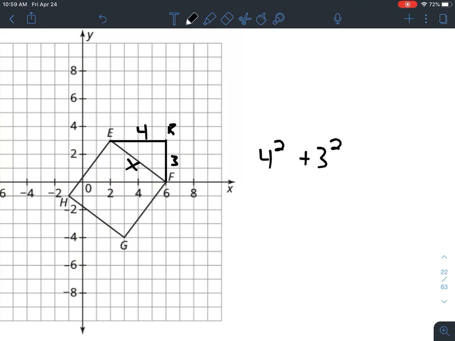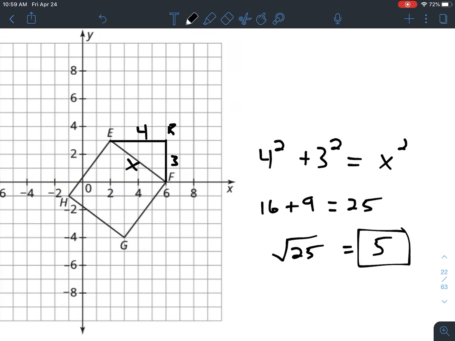4 squared plus 3 squared equals, I'm going to put this as x squared. So 4 times 4 is 16, plus 3 times 3 is 9. Comes out to be 25. Square root of 25 is equal to 5.